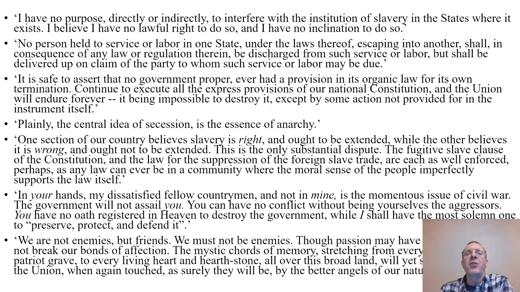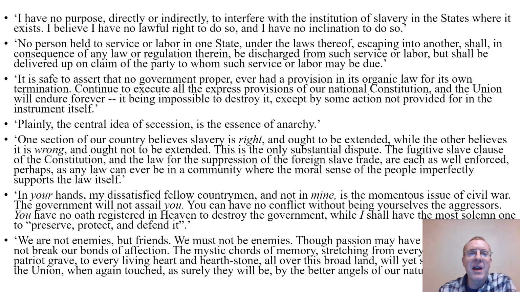So Lincoln is really going to have to play his cards right if he wants them to rejoin the Union. And you can see that that's what he's really trying to do in his inaugural speech. And that first quote there, "I have no purpose, directly or indirectly, to interfere with the institution of slavery in the states where it exists."